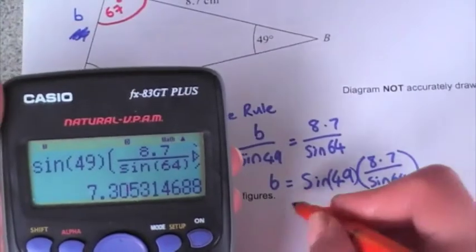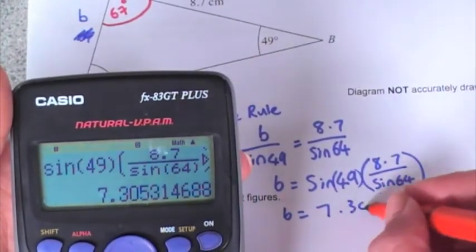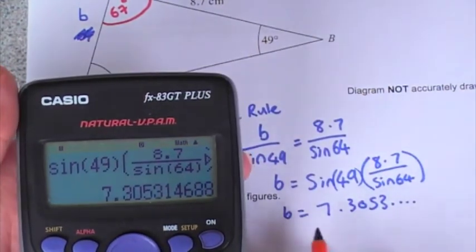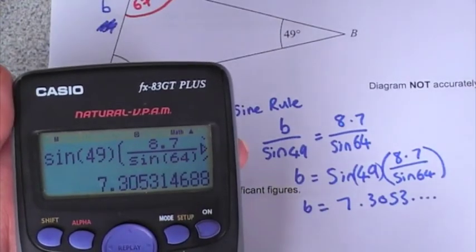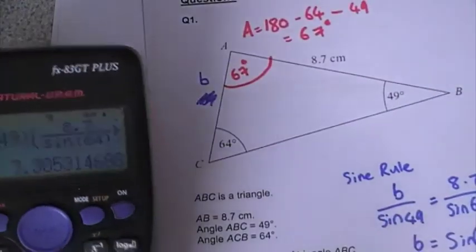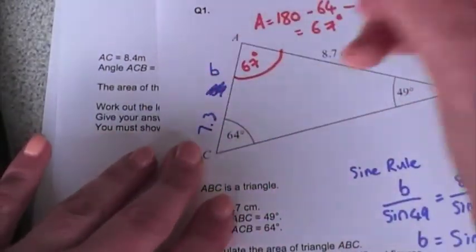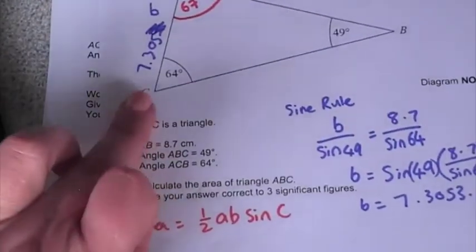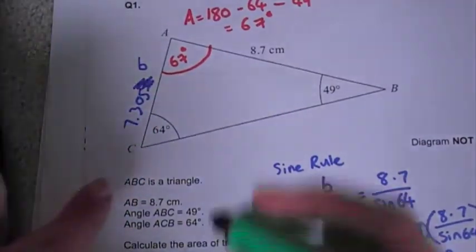So that equals the length of B, which is 7.3053... As always, I'm not rounding that off at the moment. I'm just going to keep it as it is and leave it on my display in case it's useful. So I'll write up here, length B I've just found to be 7.305.